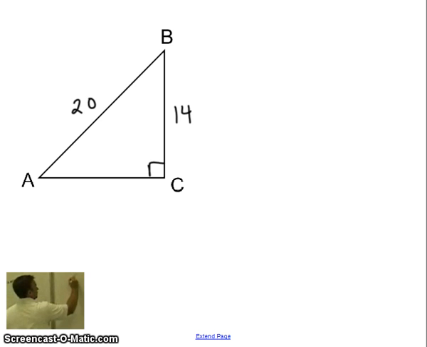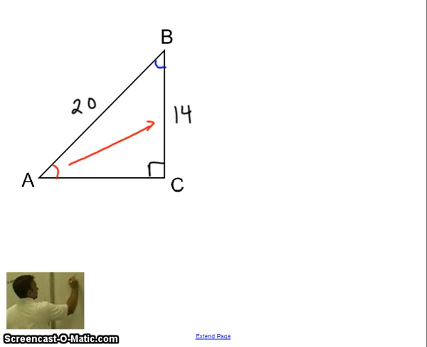All right, so let's look at an example. We have two side lengths, and I want to find the measure of each angle, angle A and angle B. I don't need to find angle C because it's 90 degrees. For angle A, we would use 14 and 20, the opposite of angle A and the hypotenuse.